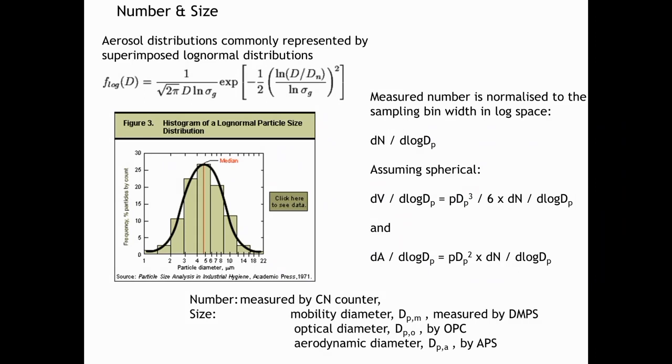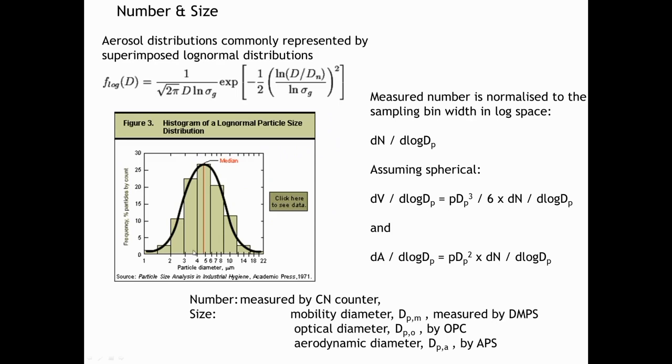But all you're doing when you're turning a log normal distribution in number space to volume or area space is making a spherical particle assumption and using that geometry to turn from dN by d log dp to dV by d log dp or dA by d log dp.